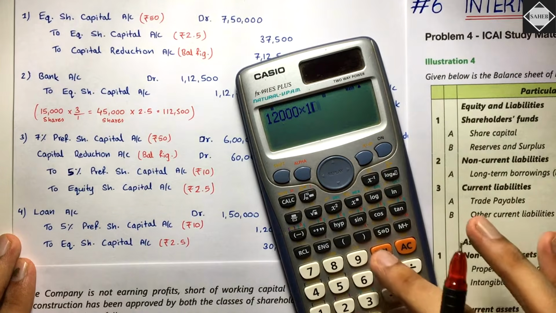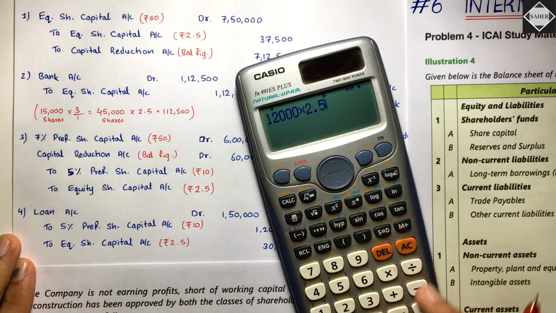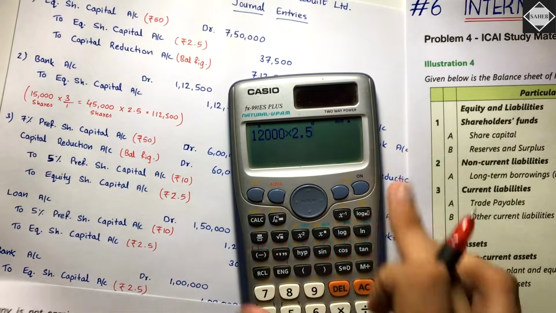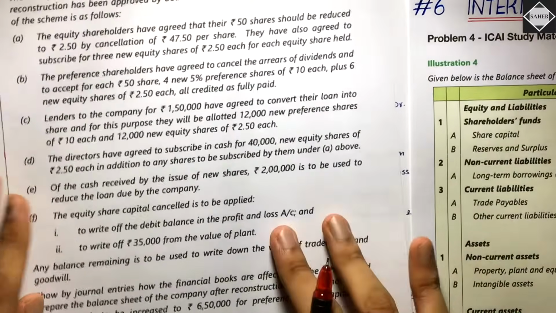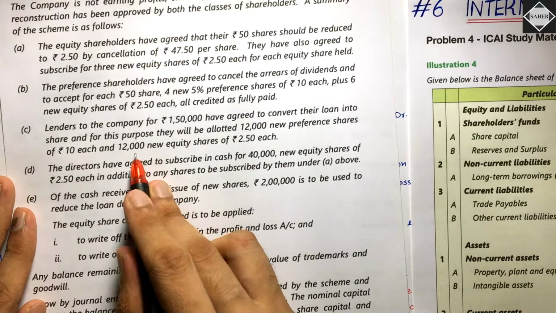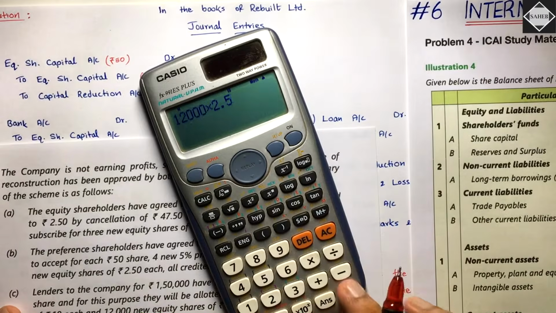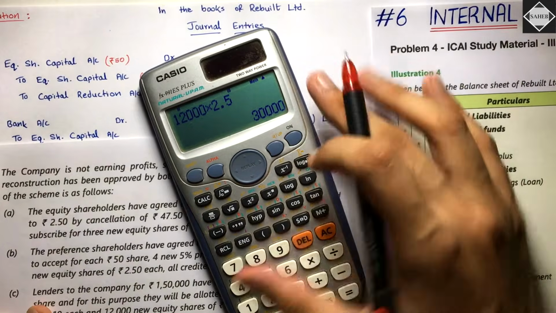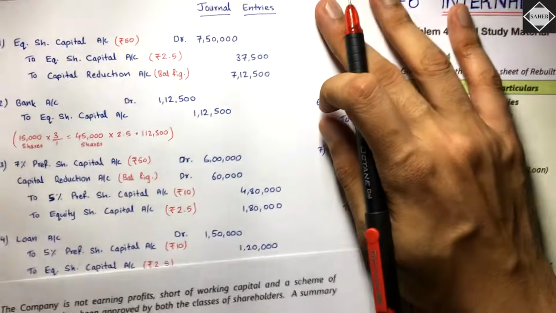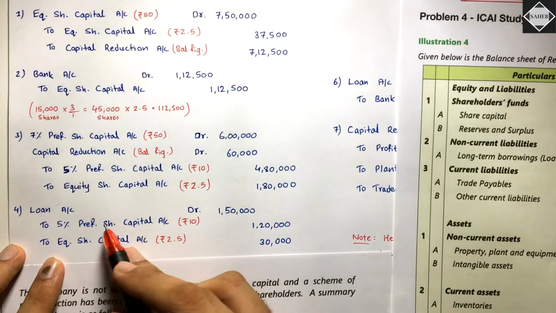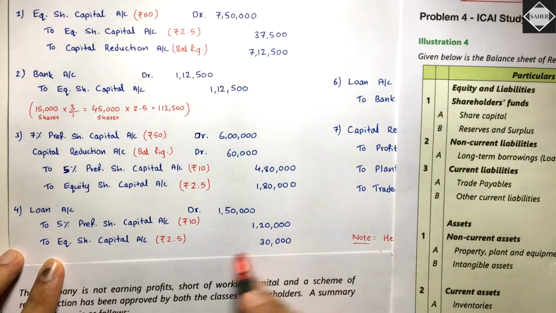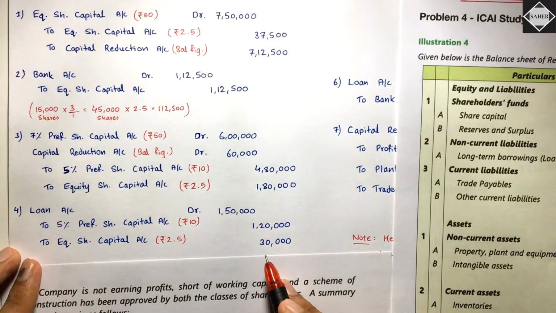And then they said equity shares is 2.5. So 12,000, the number of shares is the same. See here, 12,000 new equity shares of rupees 2.5 each. So 12,000 into 2.5, that's equal to 30,000, right? So see, loan account debit 1,50,000 to 5% preference share capital account 1,20,000 to equity share capital account 30,000.